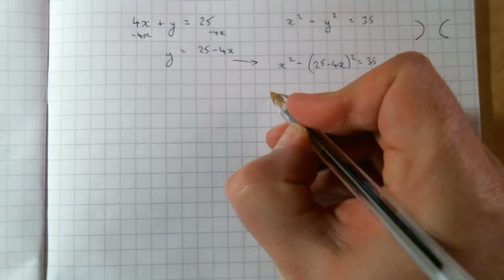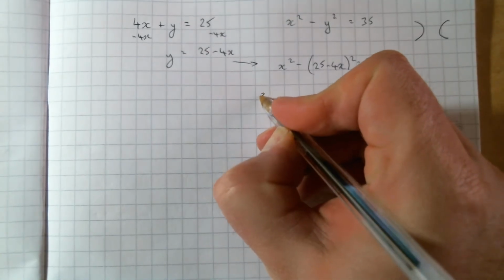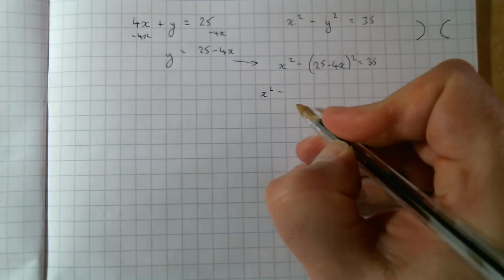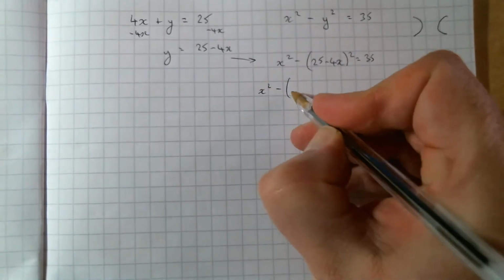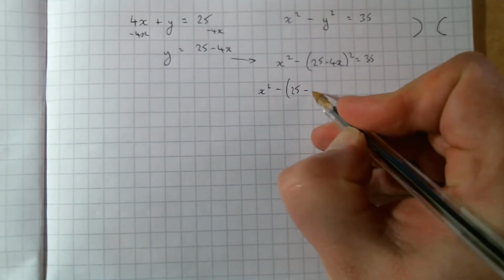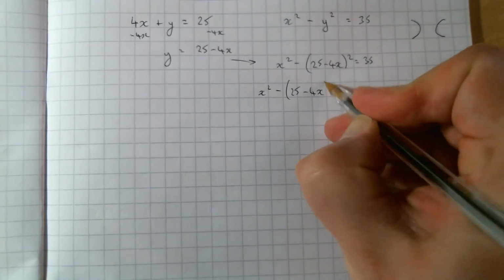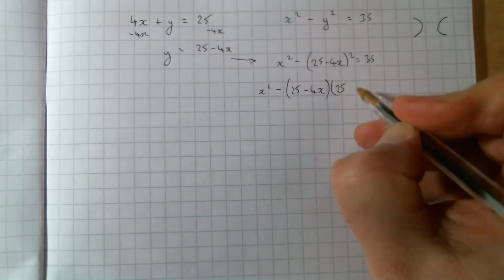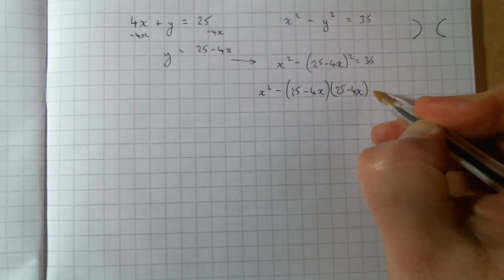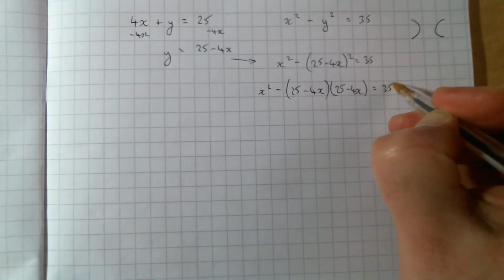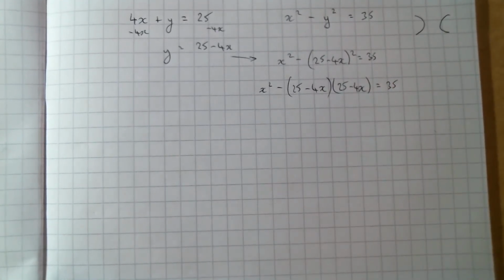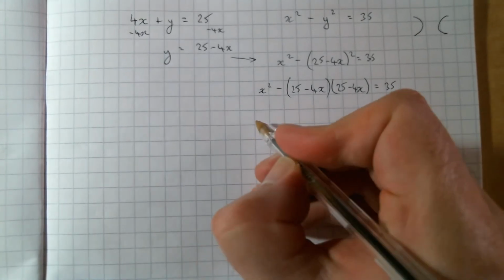As we start to work this through, x squared minus, do not try to expand both brackets and the negative all in one go. If you do, it's almost bound to go wrong.